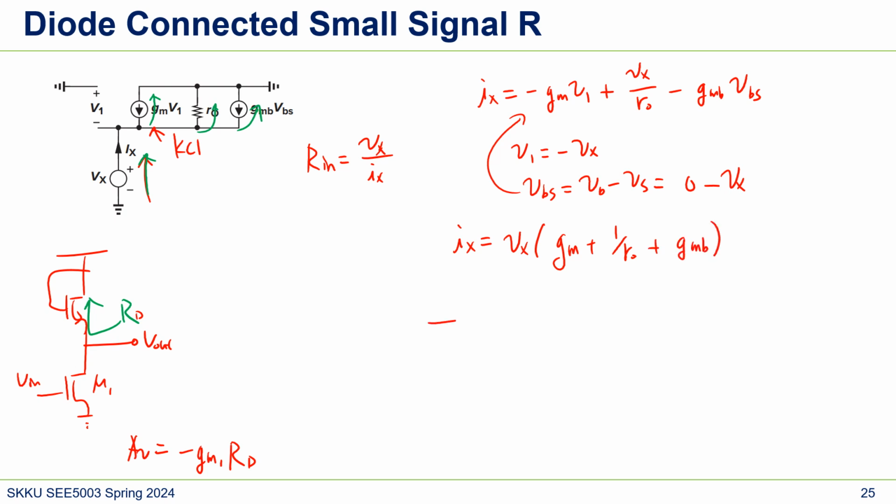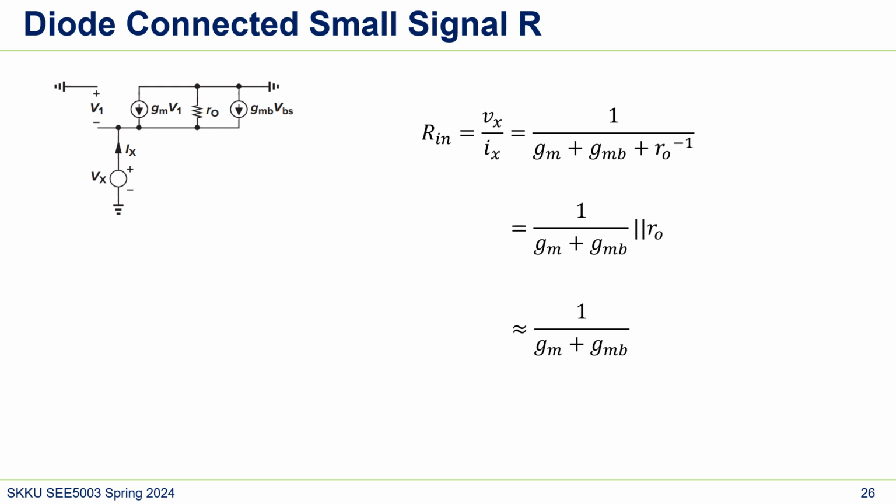So VX over IX would be 1 over GM plus GMB plus 1 over RO. This is what we got, right?